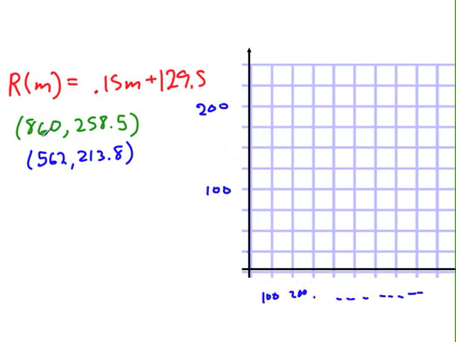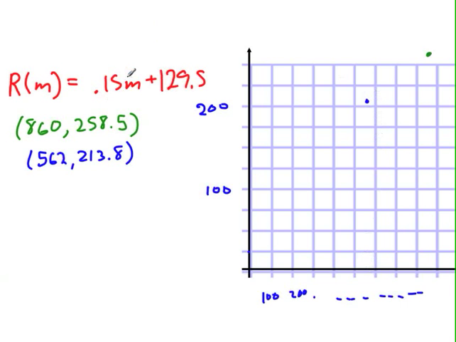So one of our points is going to be at 860, 258.5. So 860, 1, 2, 3, 4, 5, 6, 7, 860, and 258.5. It's going to be about right here. I should mark that green since we made it green before. And then we're going to do this one right here, 562, 213.8. So 213.8 is going to be about right here.